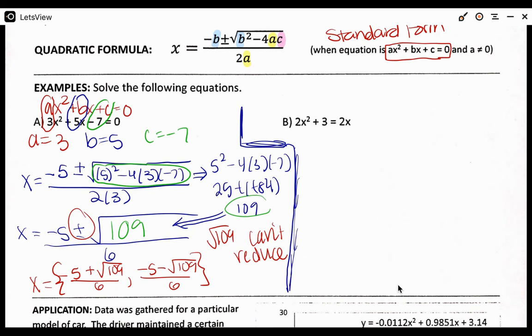So let's draw a line. So for our next problem, this is ax squared plus bx plus c equals 0. We are not in standard form. Okay, so not standard form.